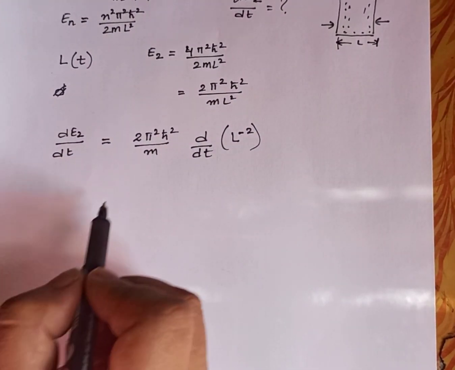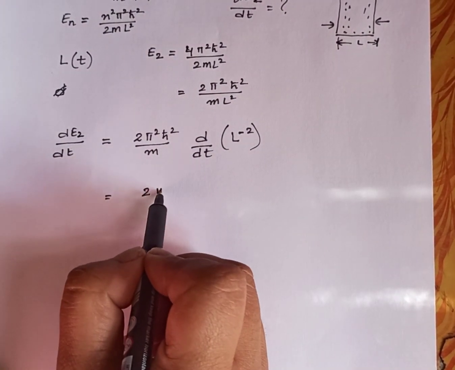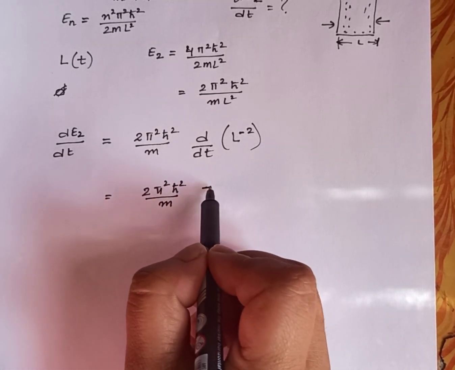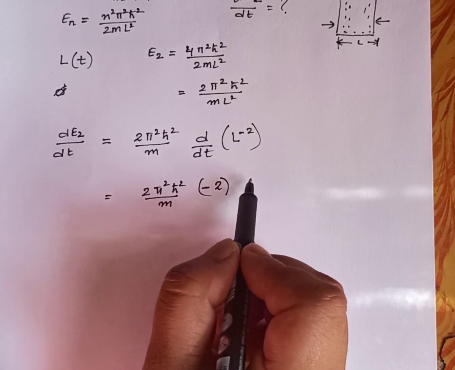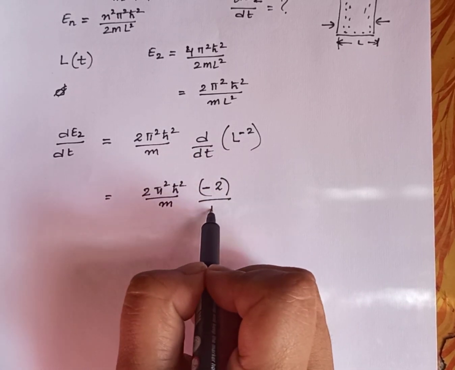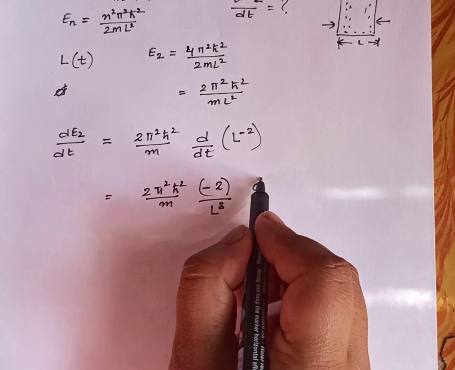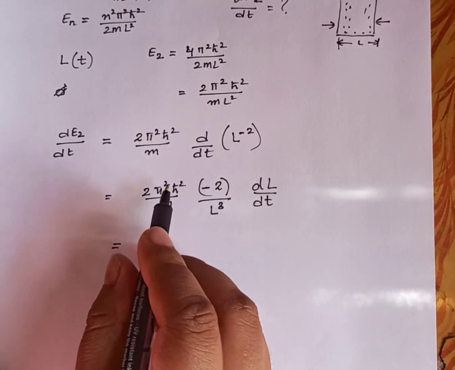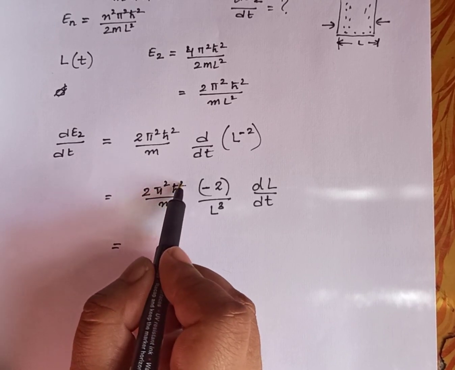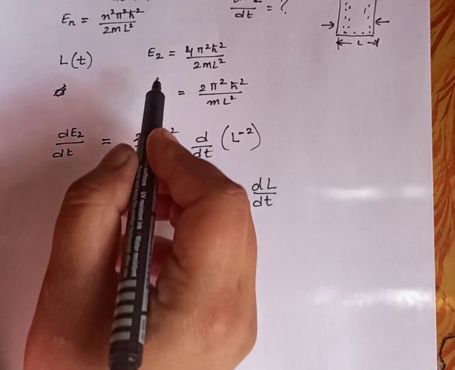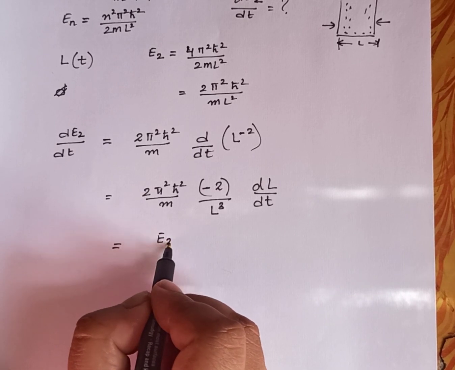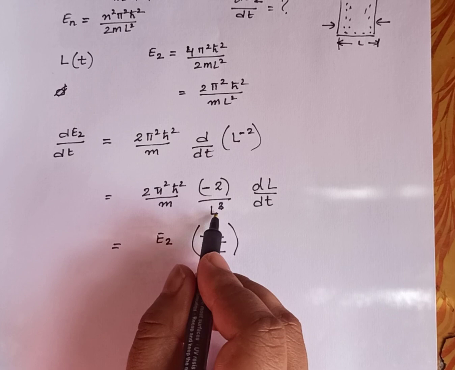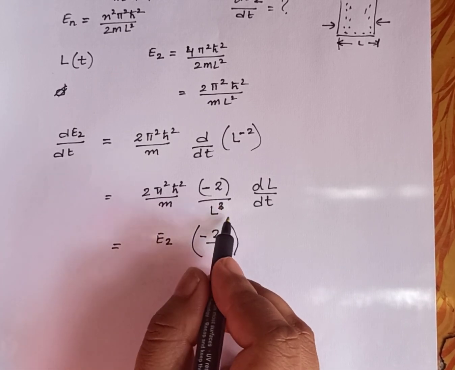Now what is this quantity? It is 2 pi square h cut square by m, times minus 2, L to the power minus 3. So I'm going to write it as divided by L cube, and dL by dt. This quantity 2 pi square h cut square by m L square is nothing but E2. So E2 then minus 2 by L, since I've already taken L square in this E2, only L remains.